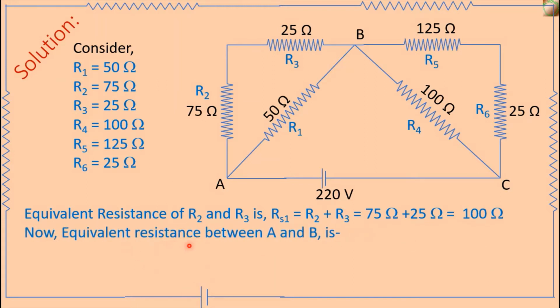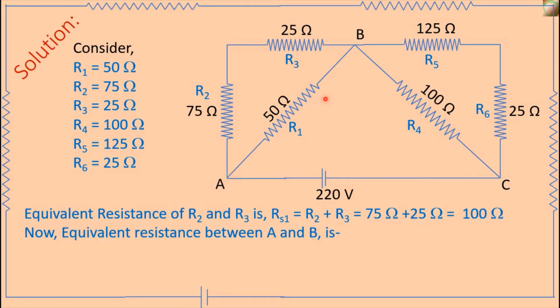Now we determine the equivalent resistance between A point and B point. There are 3 resistances between A point and B point, R1, R2 and R3. And already we know R2 and R3 are connected in series. These two resistances are connected with R1 in parallel, because here the main current I is split into two parts.